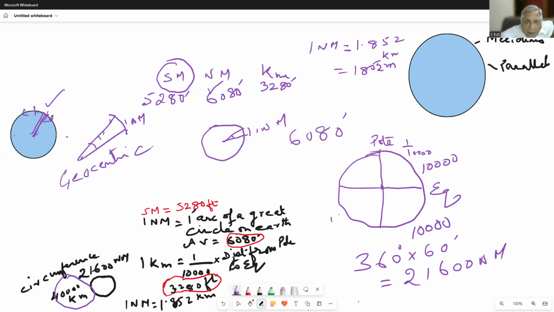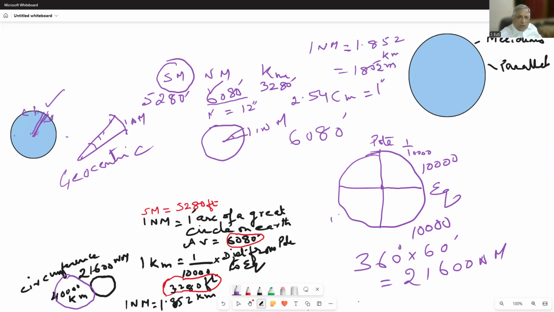And 1 kilometer, as you know, has 1,000 meters. A nautical mile has 6,080 feet. Each foot has 12 inches. And 2.54 centimeters will be equal to 1 inch of distance.